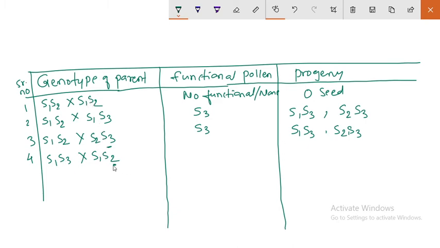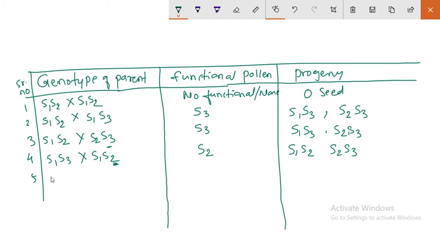So S2 is the functional allele. Then the organism will produce S1, S2 and second, S2, S3, or you can write S3, S2. So that is the case.